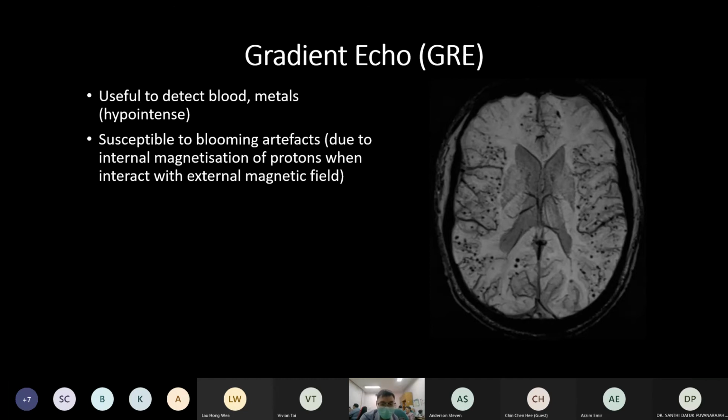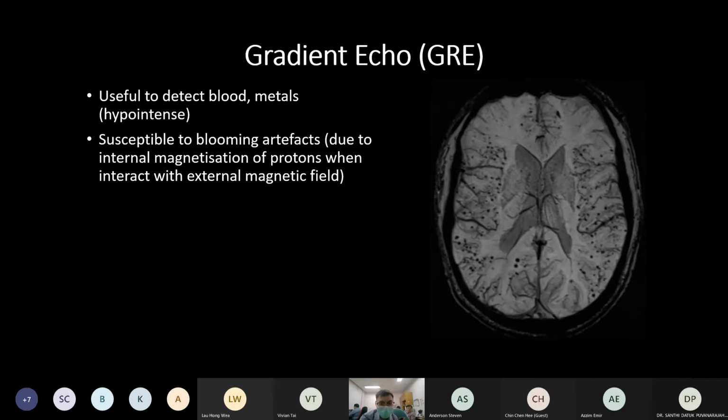But in certain circumstances, for example, blood which contains iron, and certain artifacts, certain deposition of metal, for example copper or iron, those are going to have their own magnetic properties. And these magnetic properties are like a black hole in the universe. It's going to eat out the surrounding magnetic field exerted by the MRI machine. So therefore, it will appear dark. This is something called blooming artifacts.